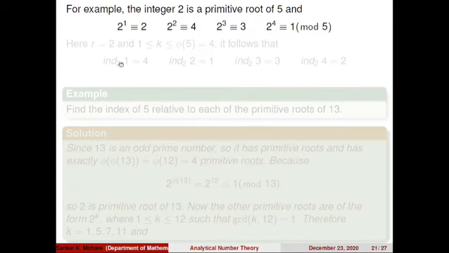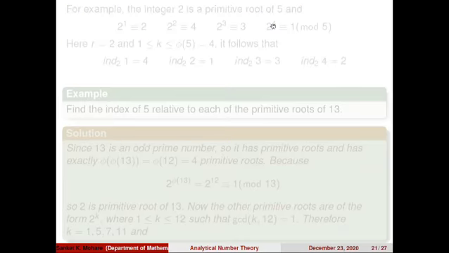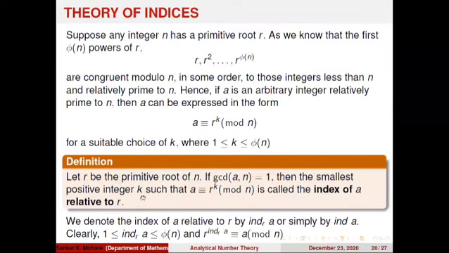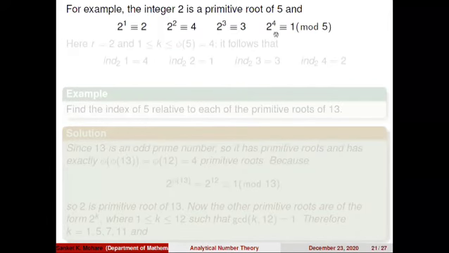Okay, so using that, now I have to find the index of 1. Where is the value of 1? Here it is, as R to the power k is congruent to A. So first I will find the index of 1. The index of 1 relative to primitive root 2 is the smallest power, 4. By definition, the smallest positive integer k such that R to the power k is congruent to A modulo n is called the index of A relative to R. So the smallest power here is 4.